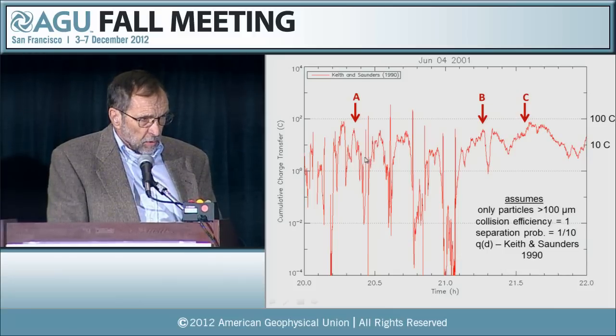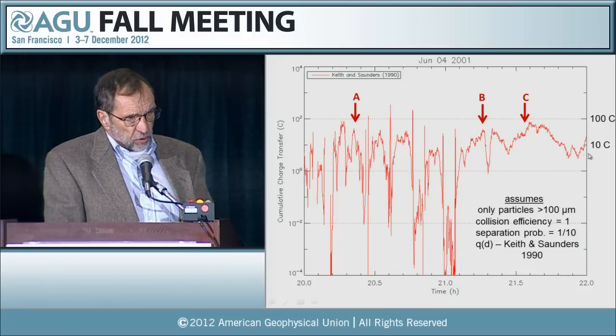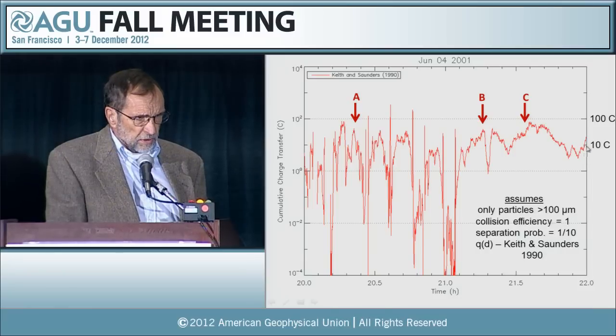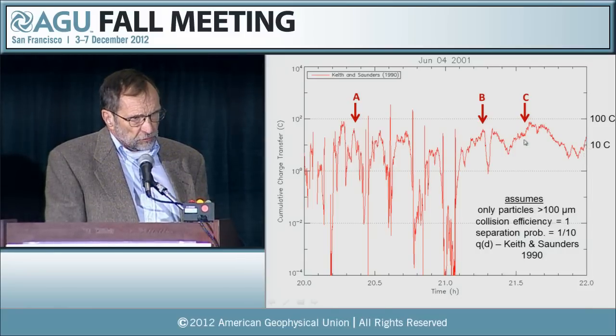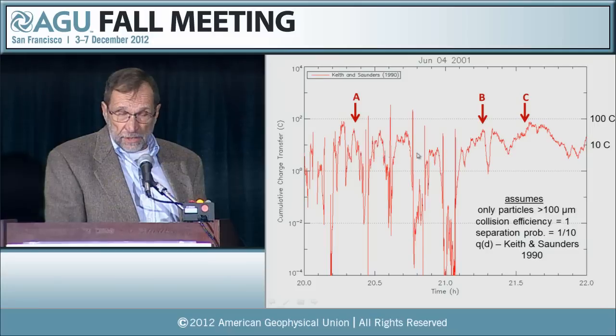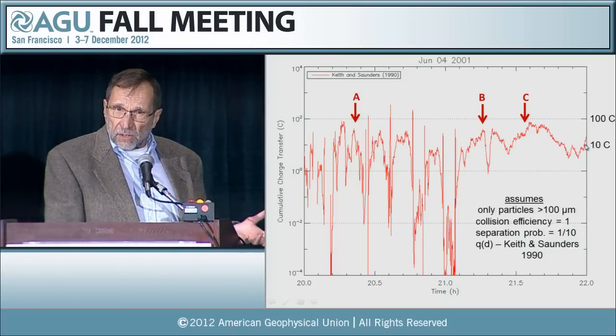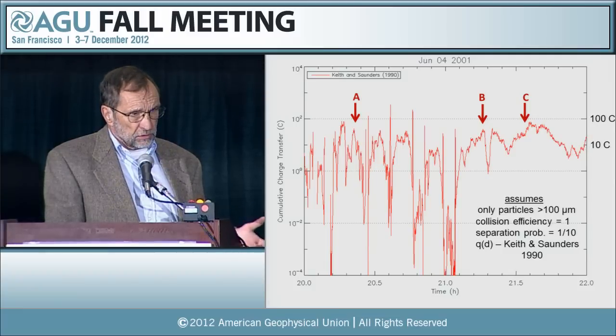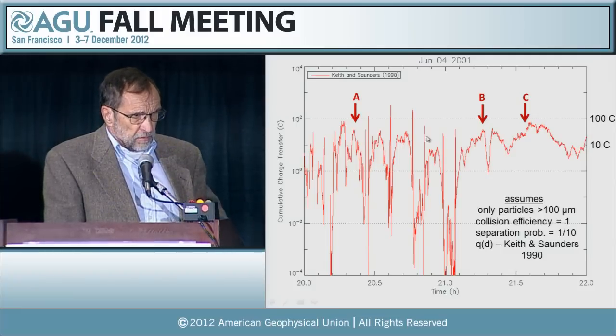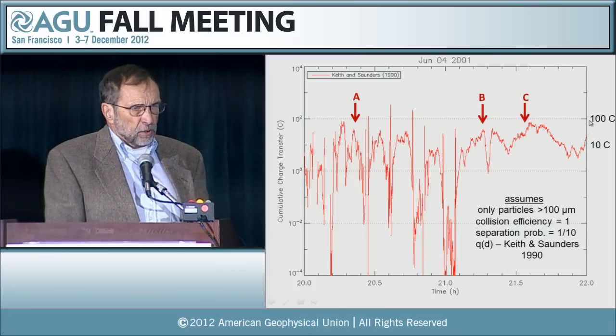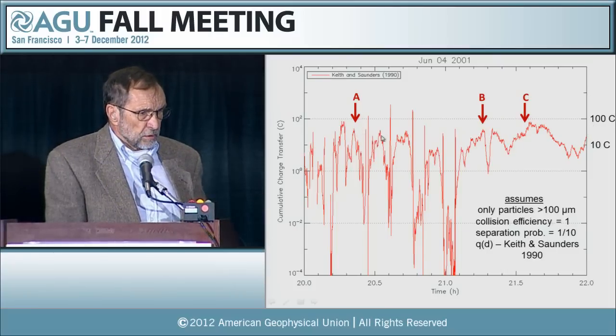But what we see here, making these assumptions and using the Keith and Saunders charge per collision, is that over the lifetime of the storm, as we're flying in the anvil, we're producing something on the order of a few tens of coulombs in this time period, up to perhaps a maximum of 100 coulombs.